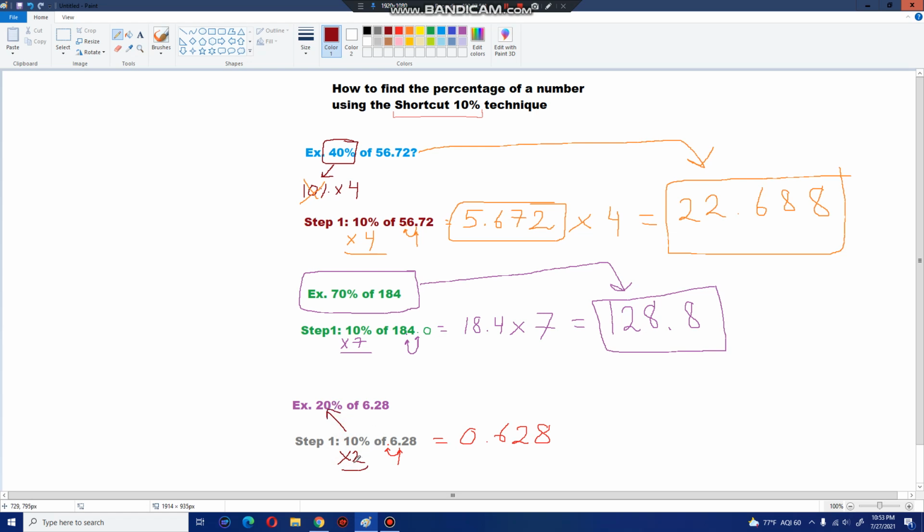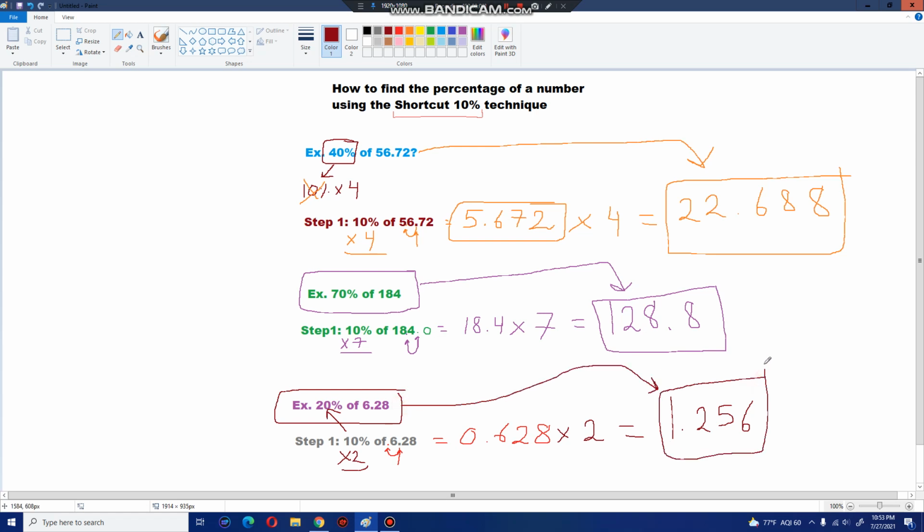And if I multiply this side by 2, I multiply this answer also by 2. And 0.628 multiplied by 2 is 1.256. And there we go. 20% of 6.28 is 1.256. And this is how you find the percentage of a number using the shortcut 10% technique. Thank you.